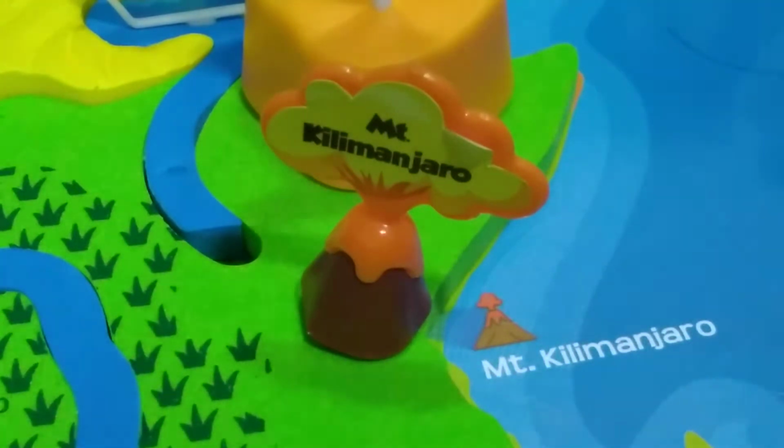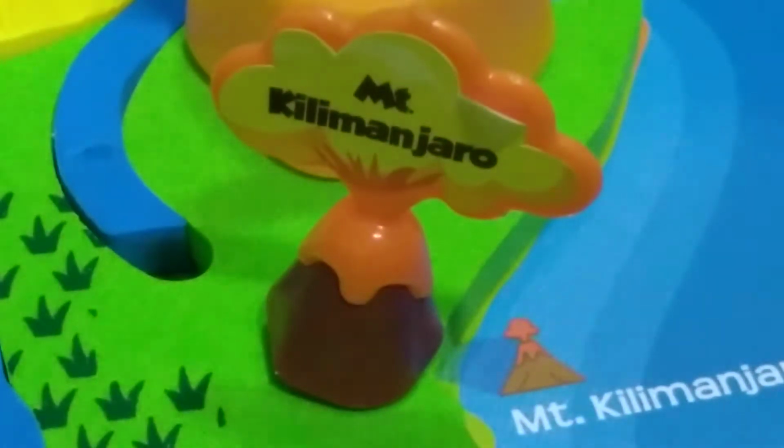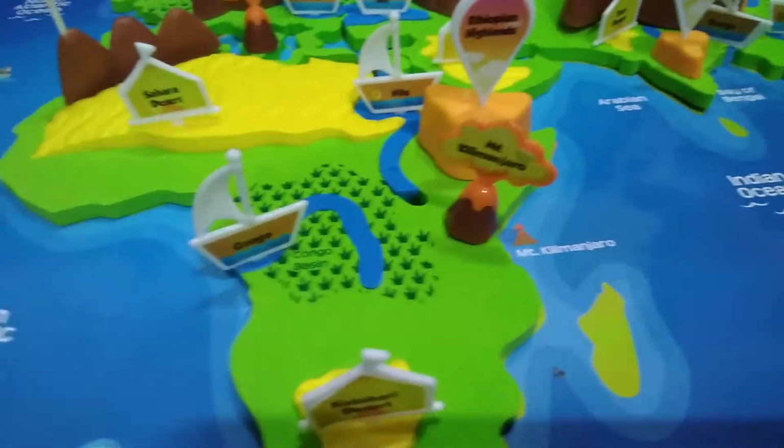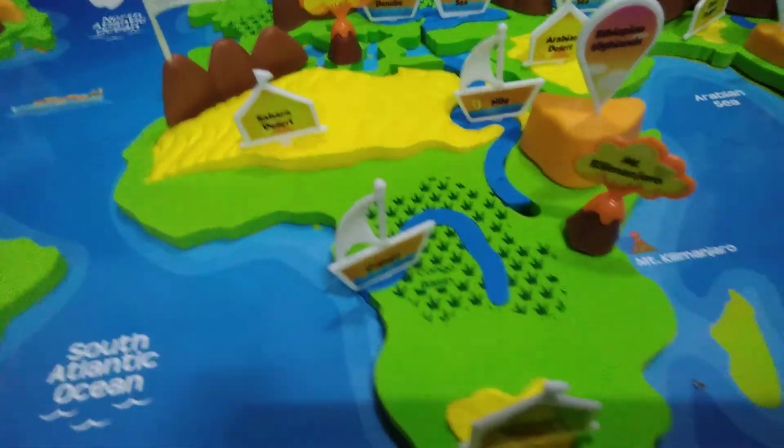A volcano is an opening in the earth's crust through which lava, volcanic ash and gas escape. Mount Kilimanjaro is the tallest mountain in Africa, located in Tanzania. It is also the tallest freestanding mountain in the world, which means it's not a part of any mountain range. The only mountain range is right over there, Atlas Mountains.